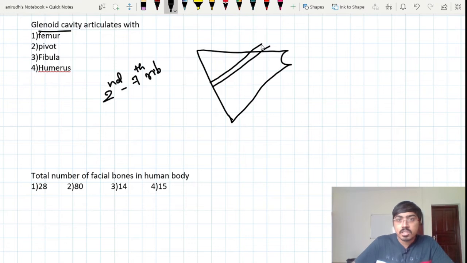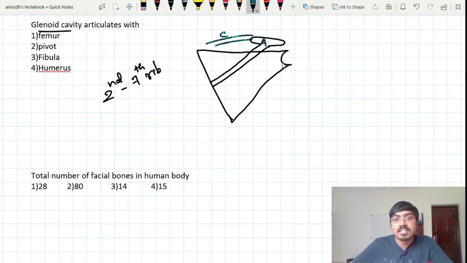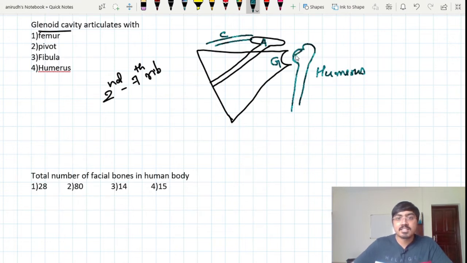On top it becomes a flat process called acromion. To this acromion the clavicle comes and attaches. You have the clavicle, acromion, and this is the glenoid cavity. The glenoid cavity is the socket and the ball is attaching to this, and this is the humerus. The ball is the head of the humerus. The head has this ball-like structure. So the answer is option number 4.